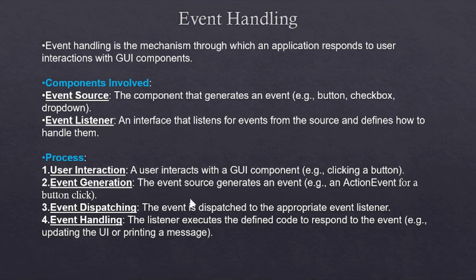This means the event is dispatched to the appropriate event listener method. And the last step is event handling. The listener will execute the defined code to respond to the event. So upon clicking a button, a certain code has to be executed, and whenever a listener executes that code in response to the user interaction, the entire process is called event handling.